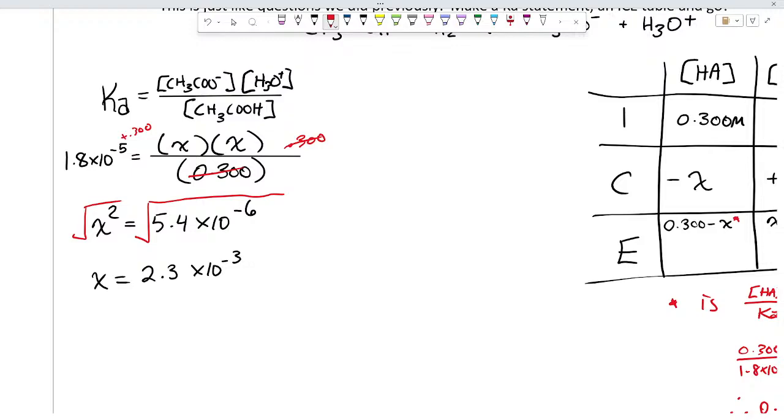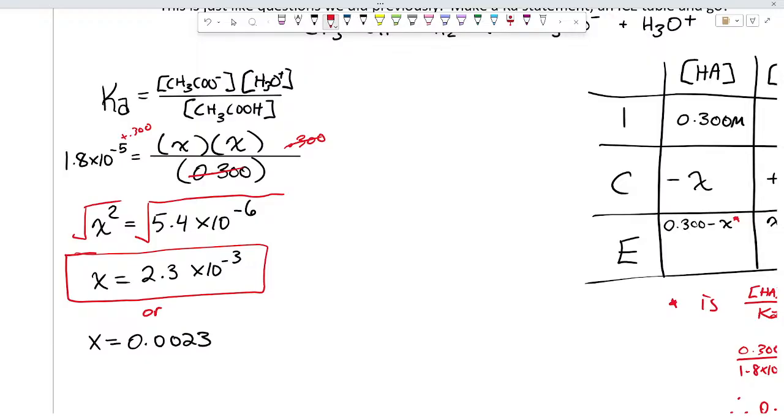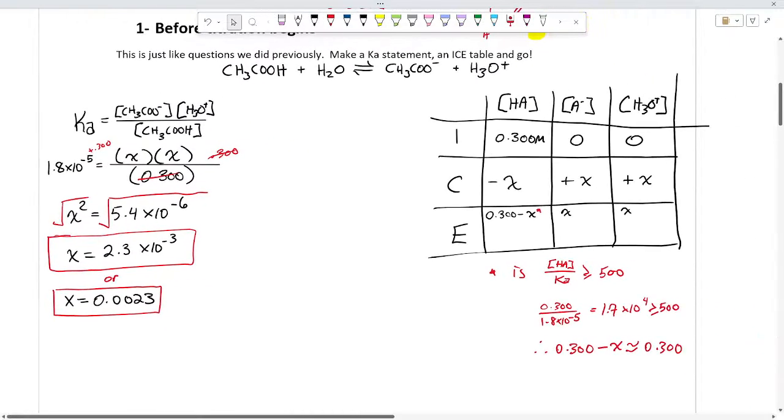Is there a way to make the calculator default to scientific notation? Because mine's not. It's just giving me the full numbers. I mean, the decimal is fine. There's nothing wrong with saying x equals, what do you have, 0.0023? Yeah, that's fine. Nothing wrong with that. I'm sure you can change it. I'm actually not sure how.